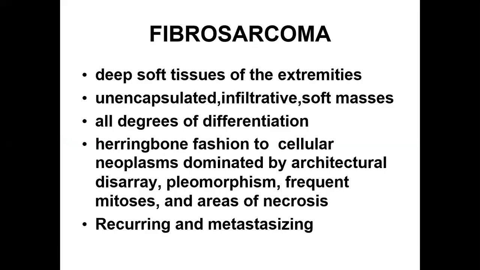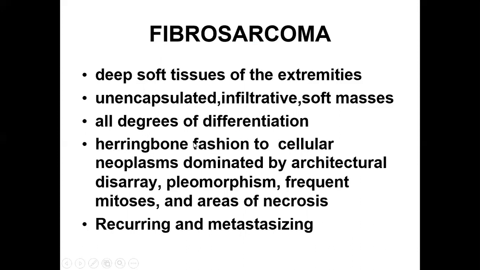So they are benign. The malignant tumor of fibrous tissue is called fibrosarcoma, and they are situated in the deep soft tissues of the extremities. They are often non-encapsulated, infiltrative soft masses, and they show all degrees of differentiation.